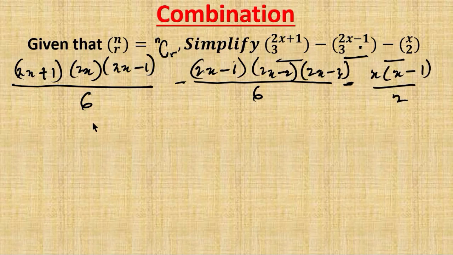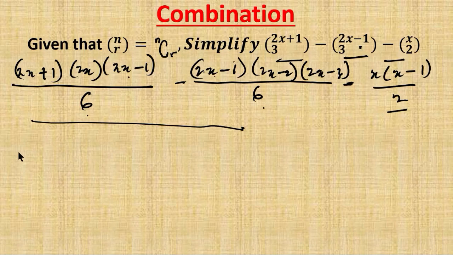Now looking at this expression, I have over 6 here, and I have a common term: 2x minus 1 here, and 2x minus 1 here. I want to solve this first before applying to this.